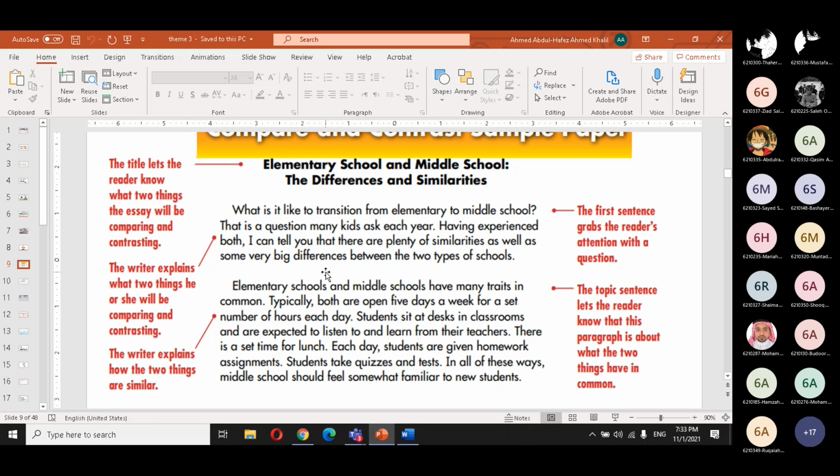You should tell me from the beginning that this paragraph is about differences or this paragraph is about similarities. Look at the first sentence in the paragraph.